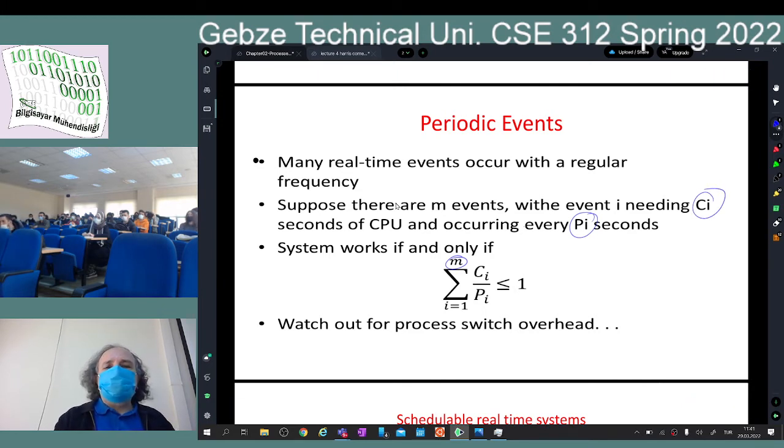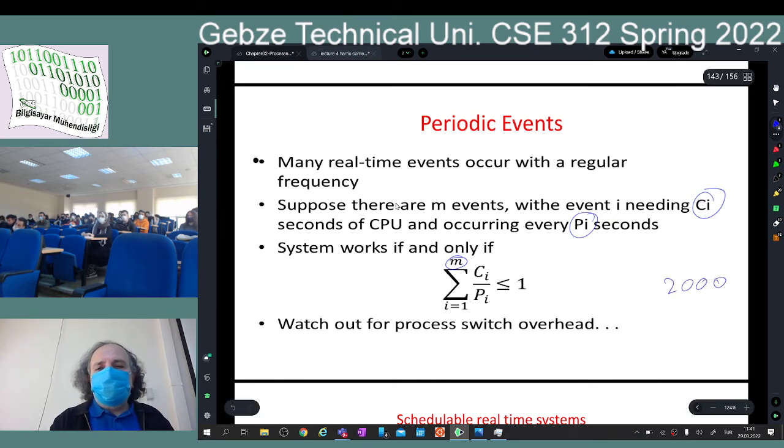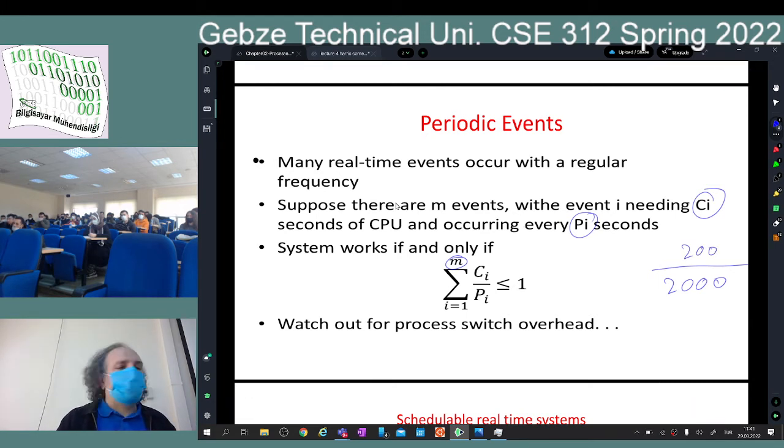So let's say one of the processes says that every 2000 milliseconds I will run, and I will take 200 milliseconds of CPU time. That's what the processes say. If I keep collecting these numbers and add them up, of course it should be less than 1.0.